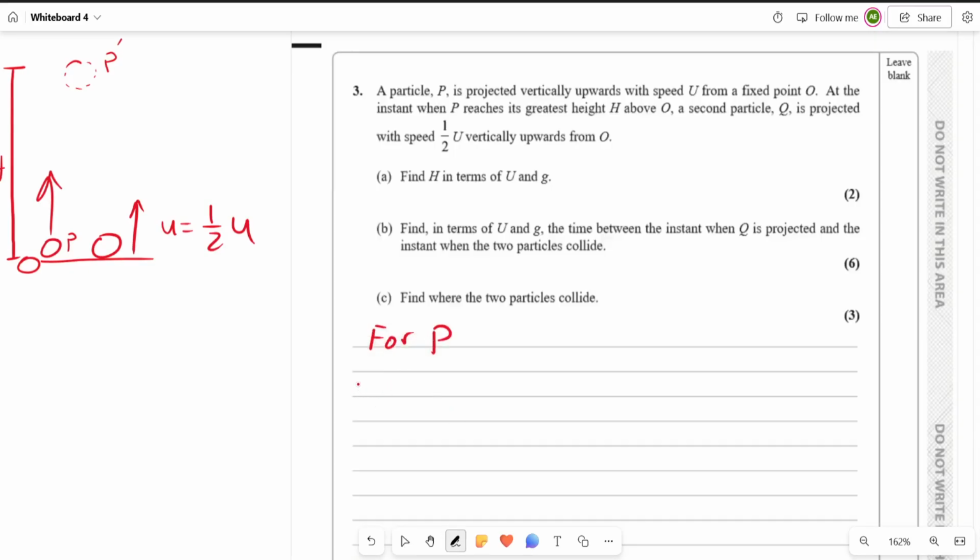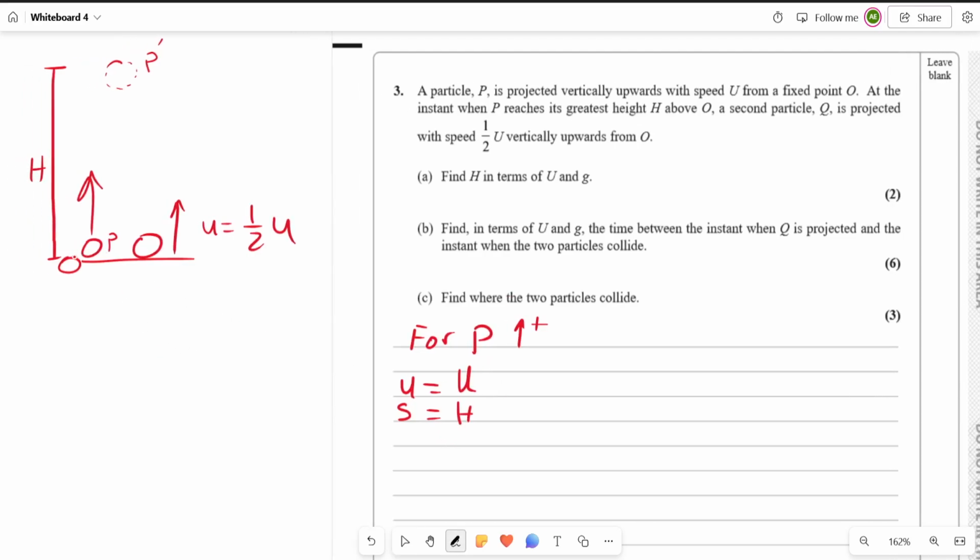What do we have? Initial velocity, yes, we are given, it's capital U. I'm given that the displacement is h, and I'm taking up as positive, so anything pointing upward I'm going to keep as positive. So the displacement is positive h above my original point. My u is also positive, since P was projected with a speed of u upwards.